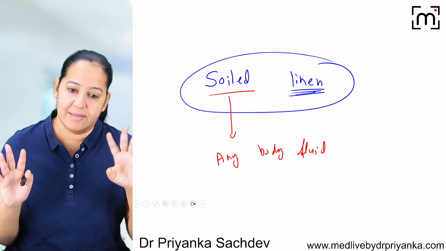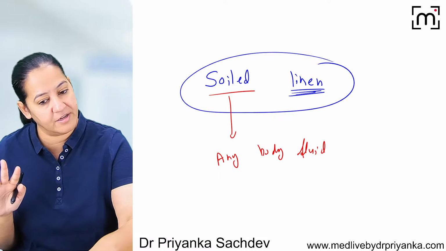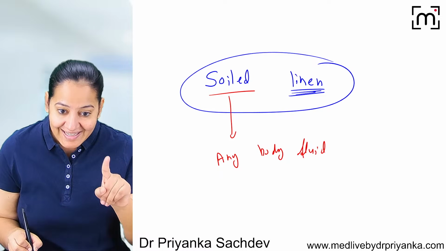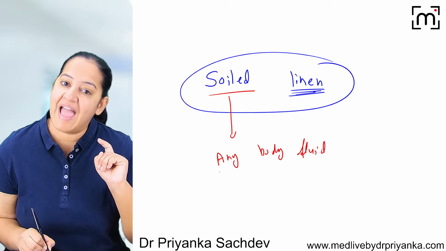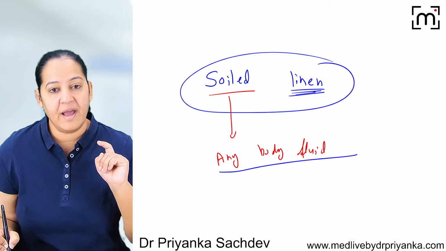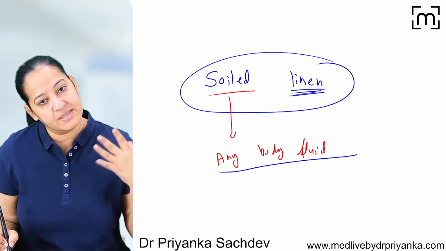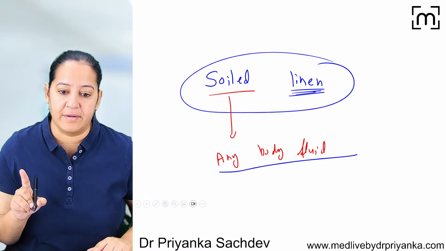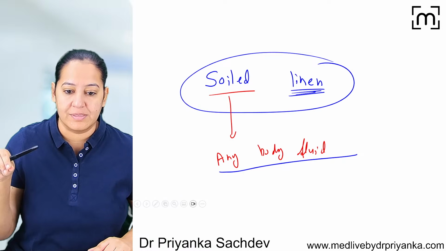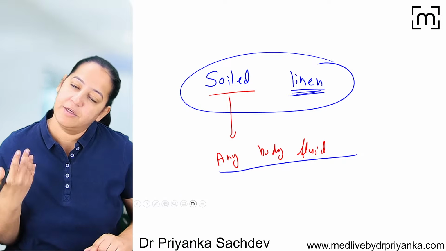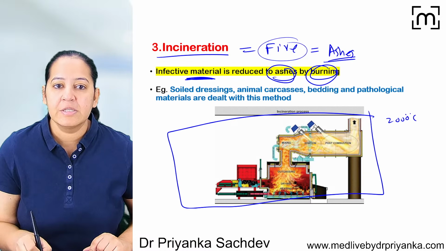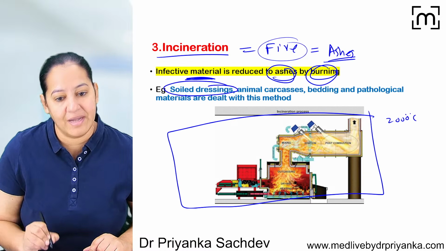Just discard it, incinerate it, burn it. Any linen contaminated with any human body fluid, it can be saliva, any body fluid, if it is infective, just incinerate it. It is known as soiled linen. Cloths contaminated with blood, usually we incinerate them. So all the soiled dressing, soiled linen, number one.